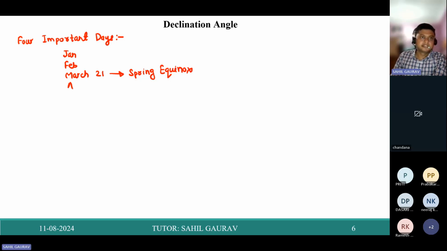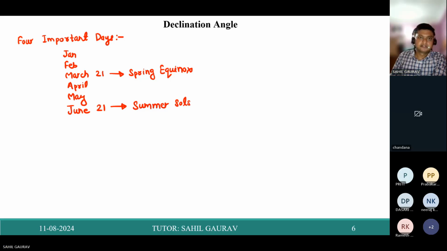And then we have April, May, then June. So June 21 is the summer solstice.